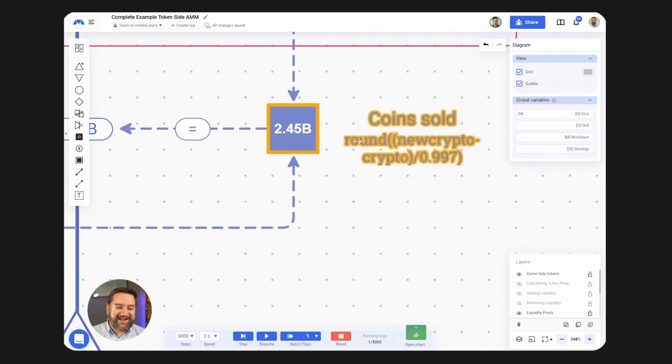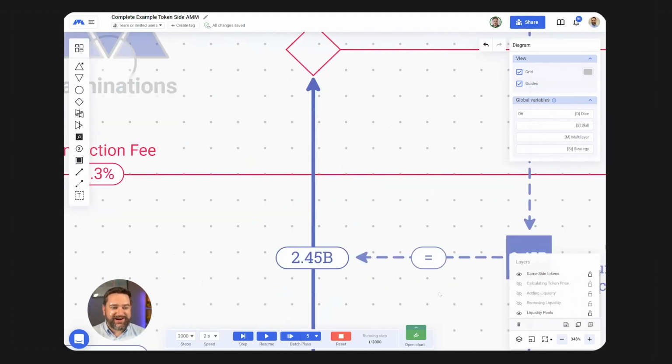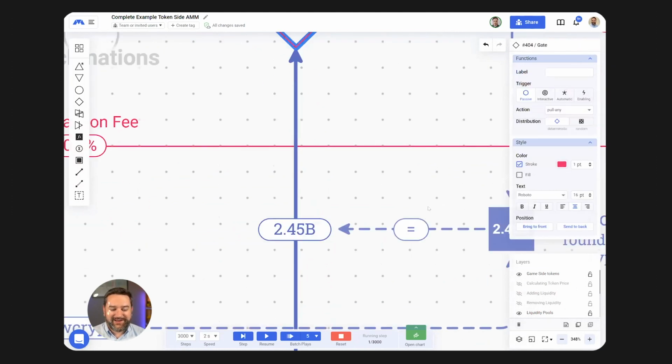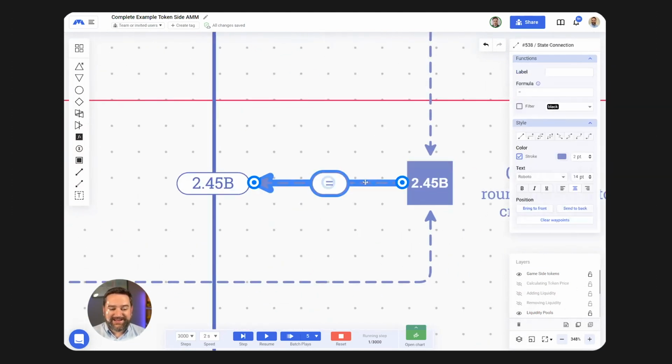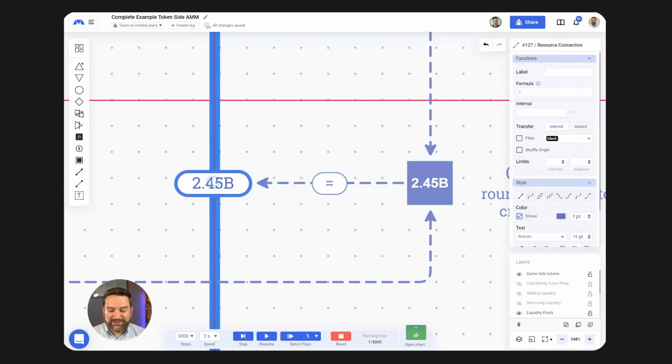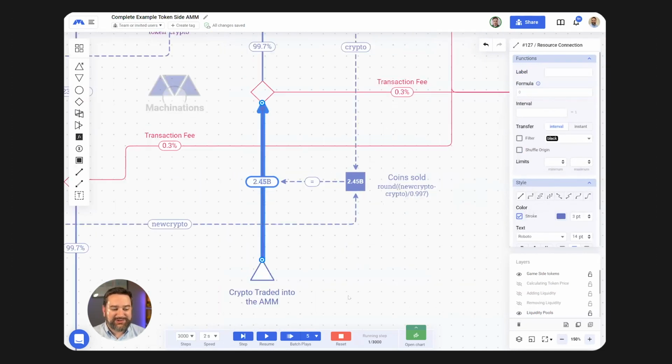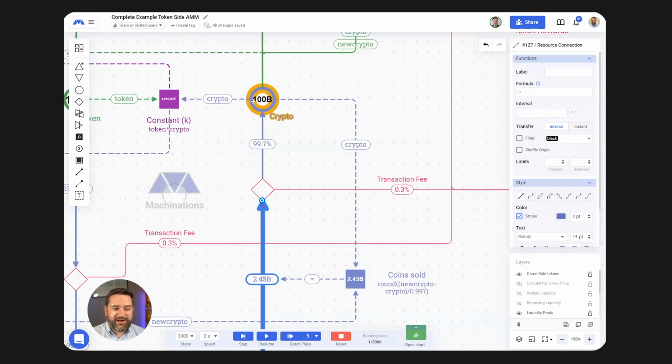And what I'm then doing is dividing that number by 0.997 to again counteract my transaction fee. And setting this in with an override back into my resource connection, and that's how many resources we're going to push into our liquidity pool.